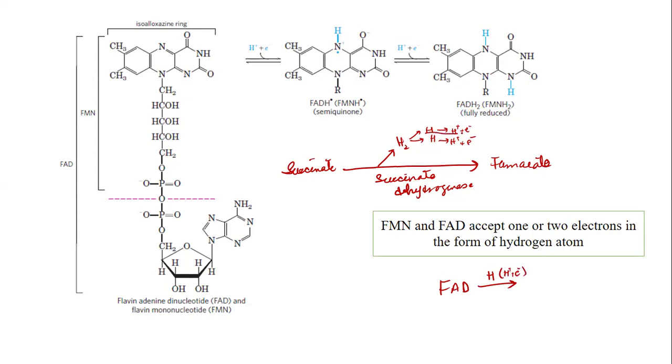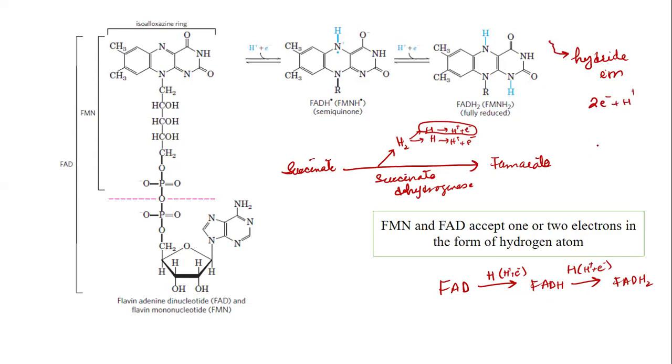It can accept one hydrogen atom and be converted into FADH, which is a partially reduced form. But it still has the potential to accept a second hydrogen atom containing a proton and an electron and can be fully reduced to FADH2. So NAD can accept electrons in the form of a hydride ion, which means two electrons and one proton.